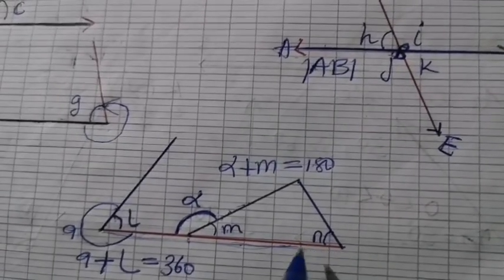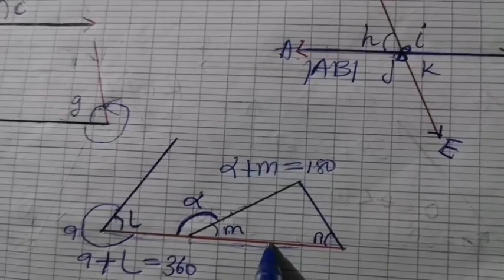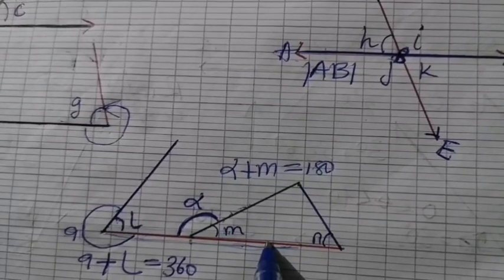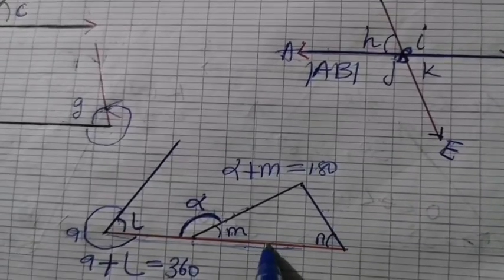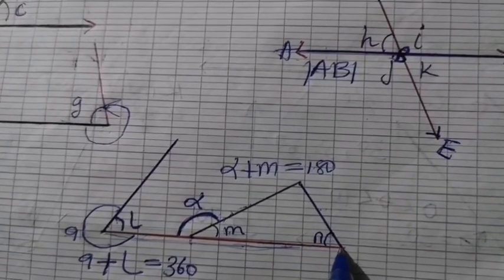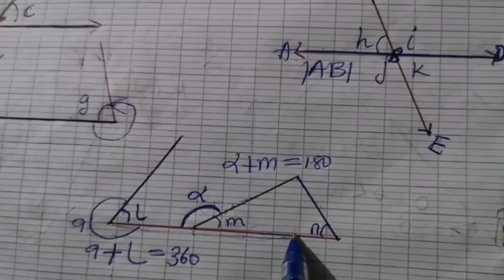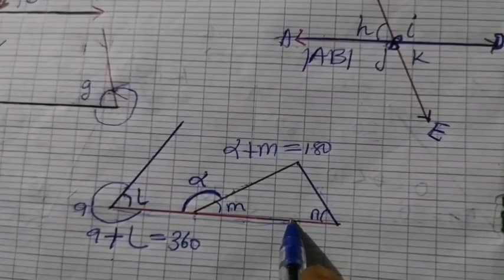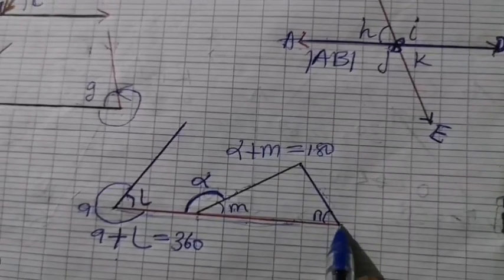Now let's look at this place. We have angle N here, and this angle N is formed by the meeting of these two lines, this one and this one. Since this line meets this other line at this point here, none of them is a baseline to the other, because the two of them meet at this point.